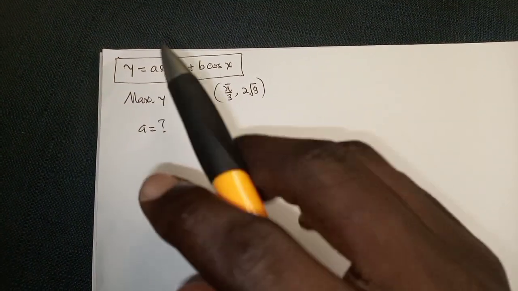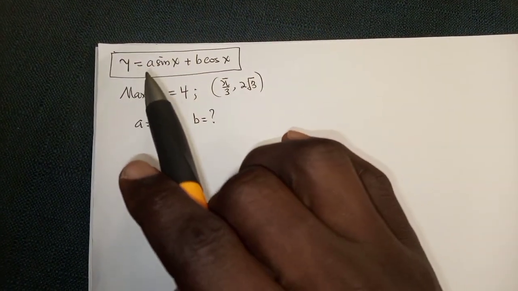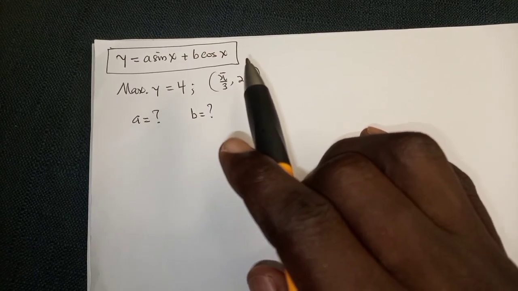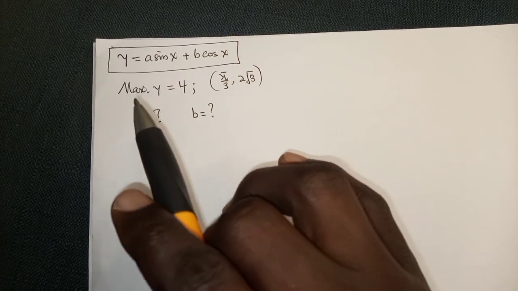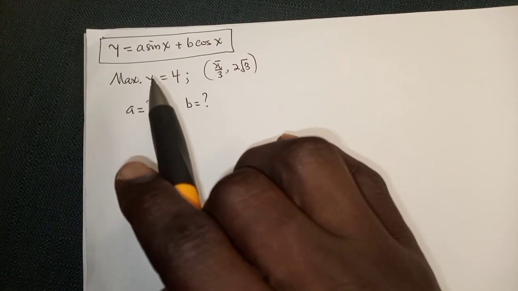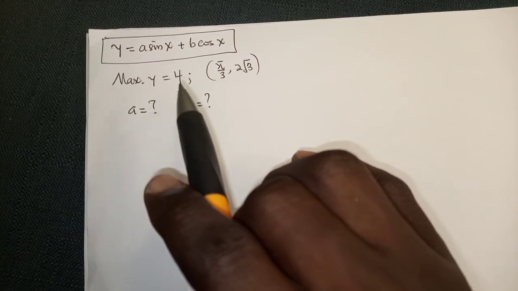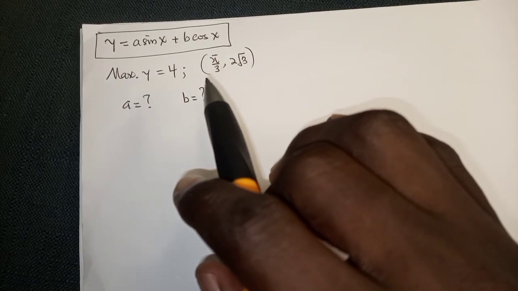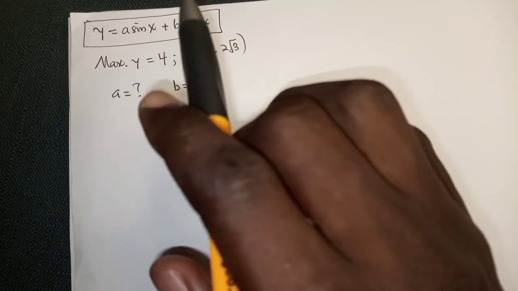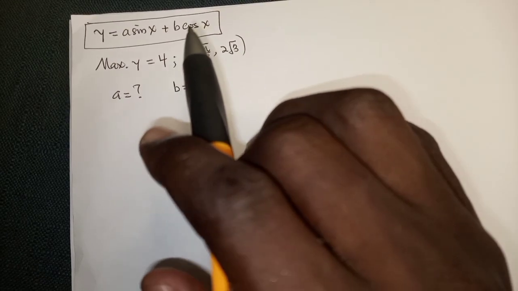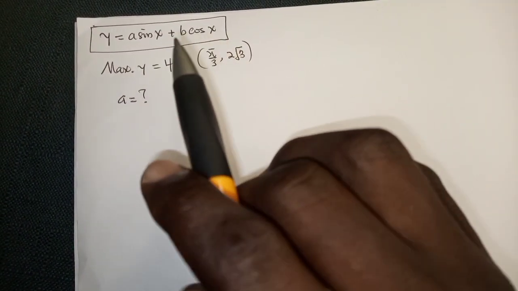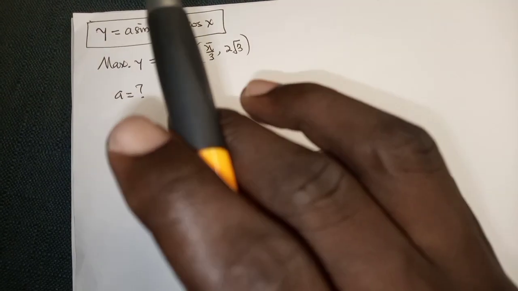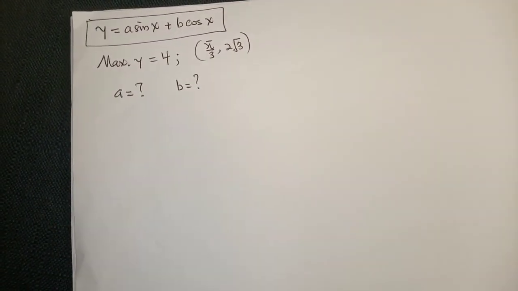Given that y equals a sine x plus b cos x, with the maximum value being y equals 4, and the curve passes through the point with coordinates x equals pi on 3 and y equals root 3. We have to find the exact values of a and b.